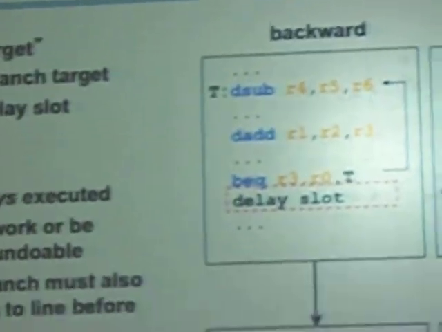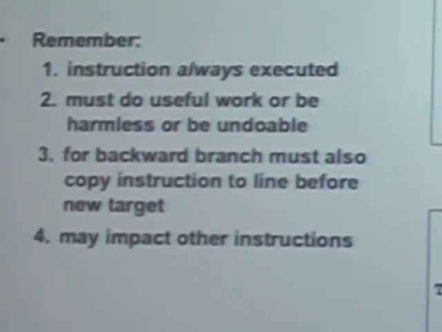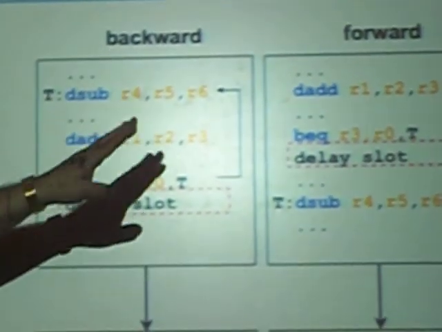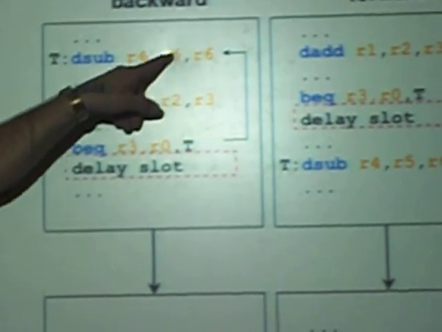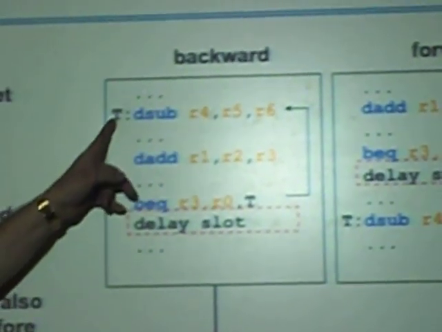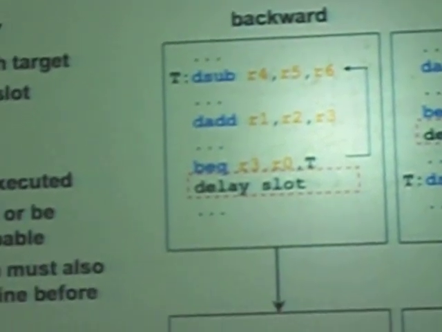Here's the next technique, it's called from target. You use the instruction at the branch target, and you move that into the delay slot. So, here's the example. This is the case of a backwards loop. I take this DSUB instruction that's at the branch target, and I put it into the branch delay slot.